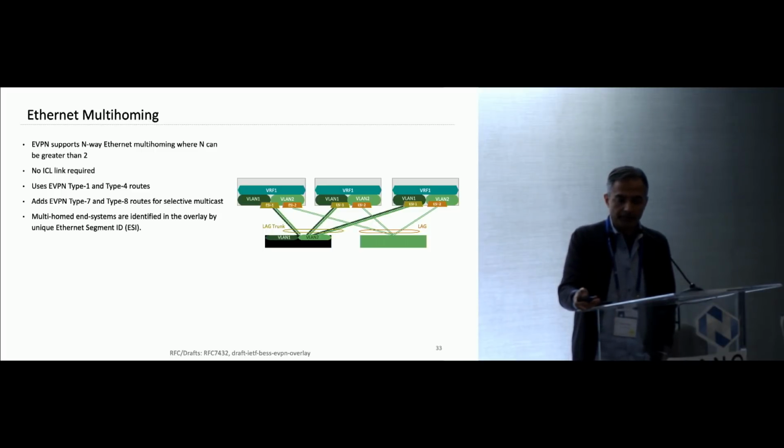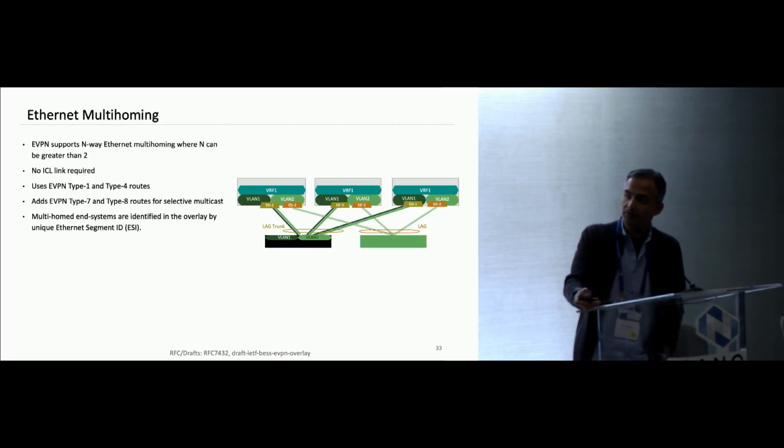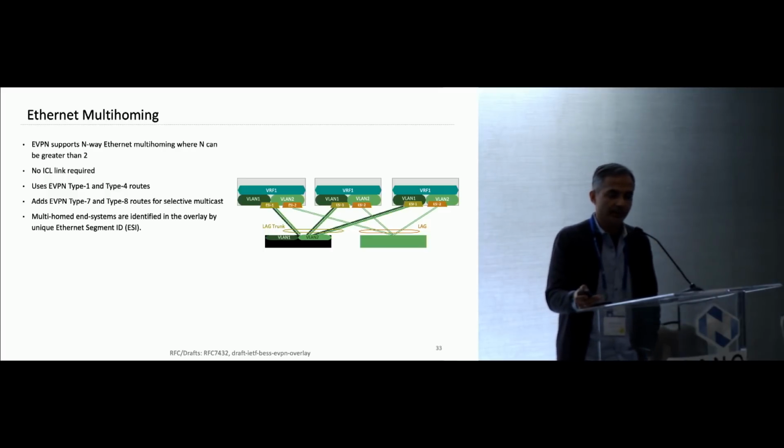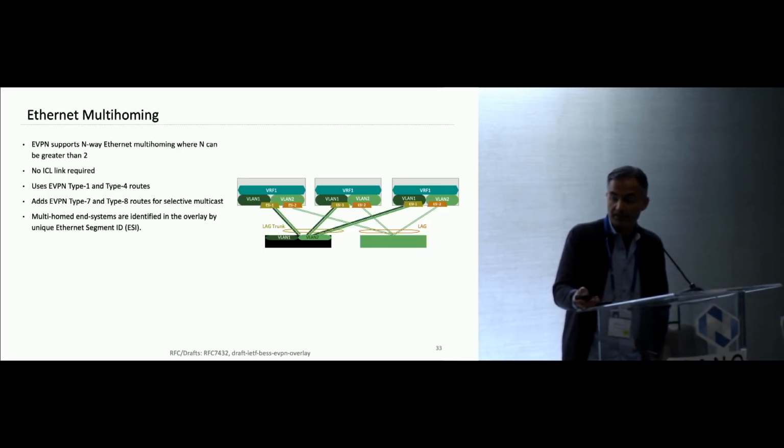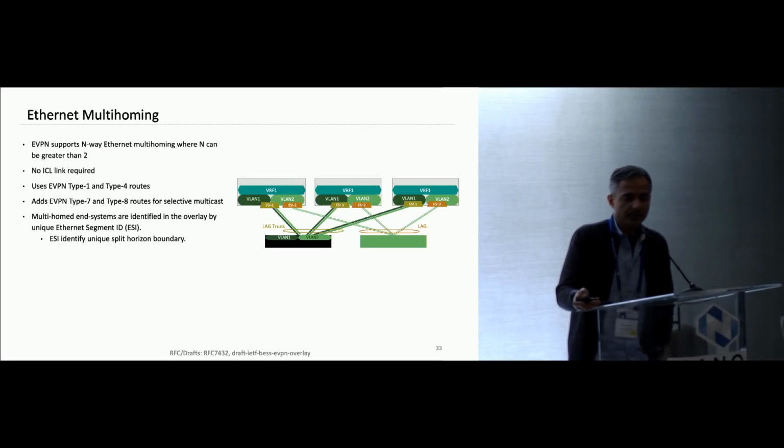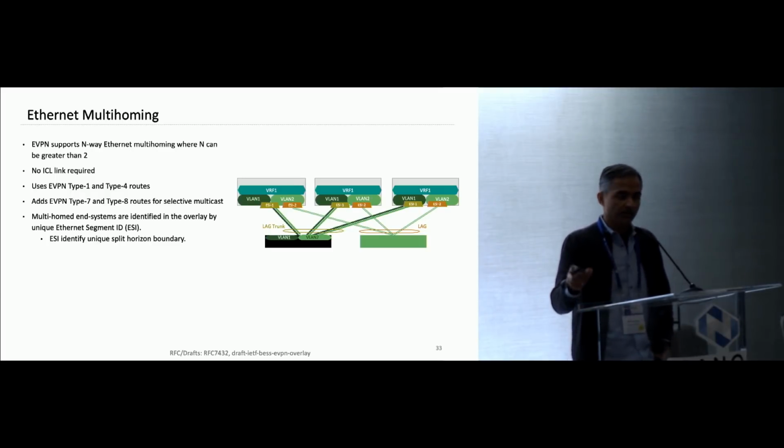So multi-homing end systems are identified in the overlay by a unique segment ID, otherwise referred to as an ESI, Ethernet segment ID. The ESI basically represents a split horizon boundary, right?